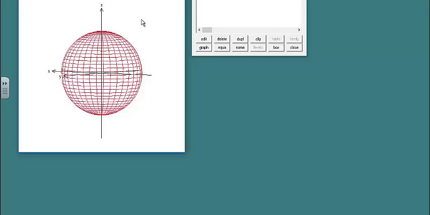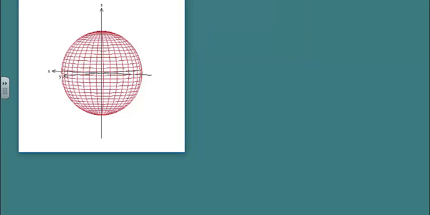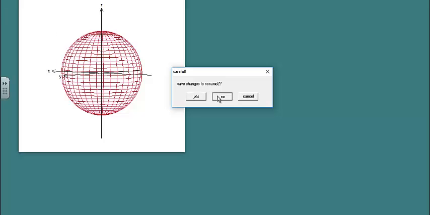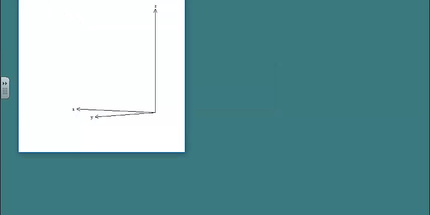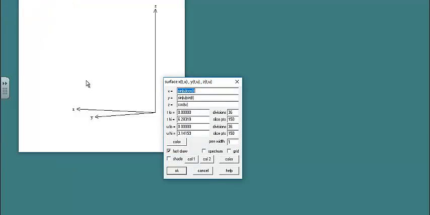One more. Okay, we'll do one more. So x is t, y is the cosine of u, and z is the sine of u.